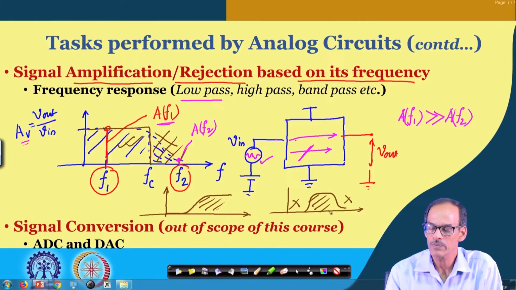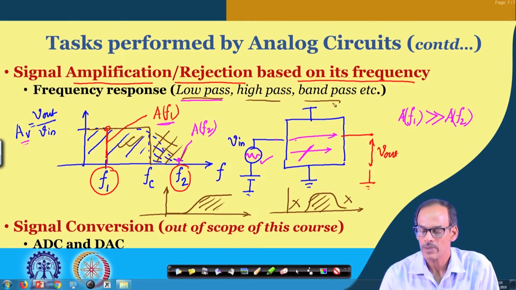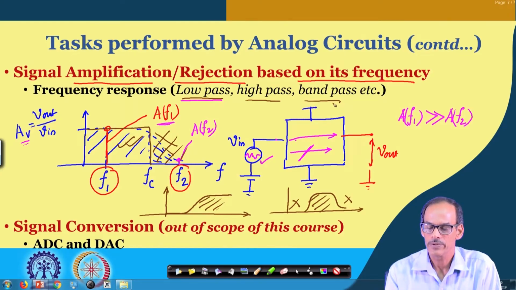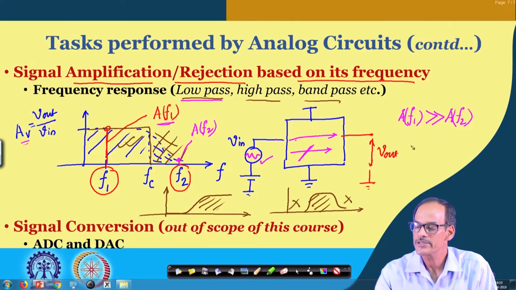So, there may be different classes of frequency characterizing circuit, namely low pass, high pass and band pass.